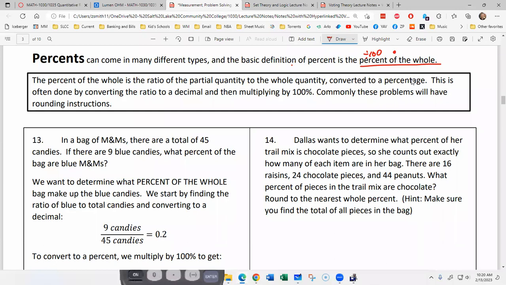So percent of the whole is a ratio. It's how many partial over how many total. And in the total, we'd actually have to work out how many total there are by adding up all the individual items.